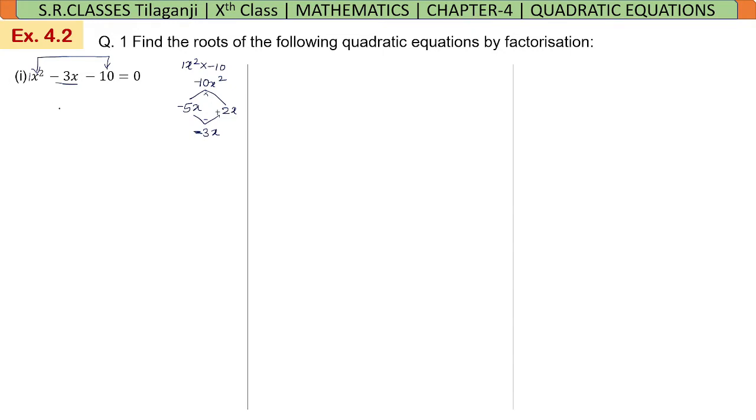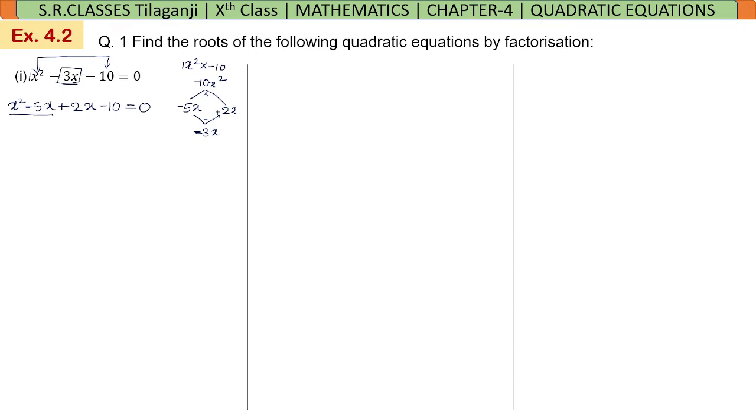Yes, now let us take these terms in this equation, that is x square, and instead of this minus 3x we need to take these two terms, that is 5x plus 2x minus 10. The last term we need to write as it is, equal to 0. Here we need to change only this 3x.